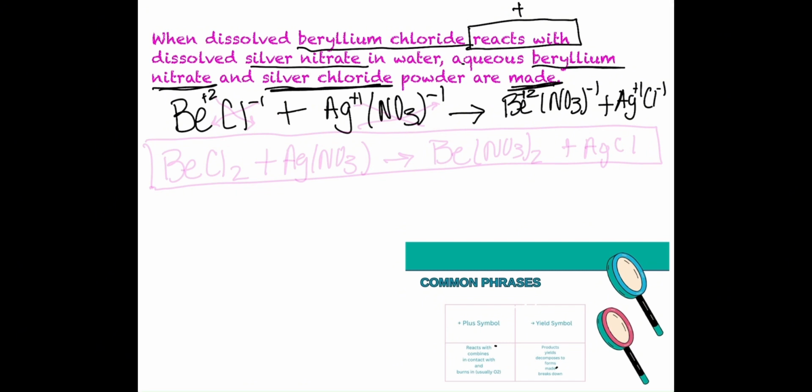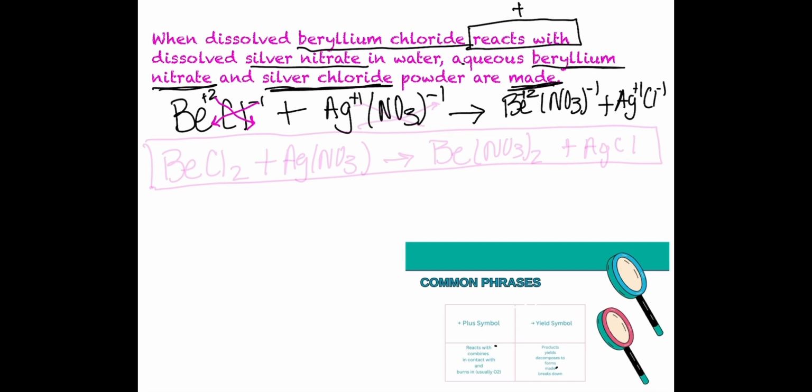Now that I have my oxidation numbers set out, now I have to go back through, because now I got my element symbol, my oxidation numbers. Now the last thing that I need to complete my chemical reaction is to get my subscripts. And in order to get my subscripts, I have to swap and drop. And swapping and dropping is when you're taking these oxidation numbers and dropping them as subscripts.